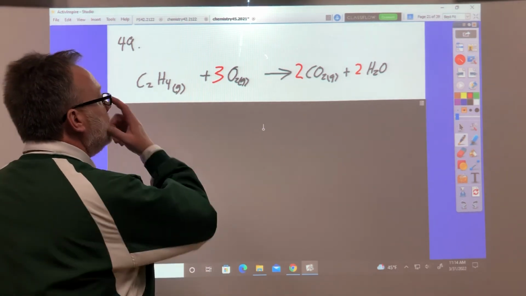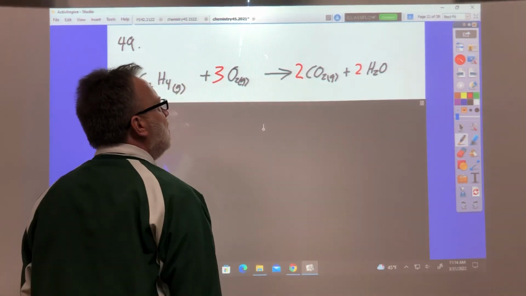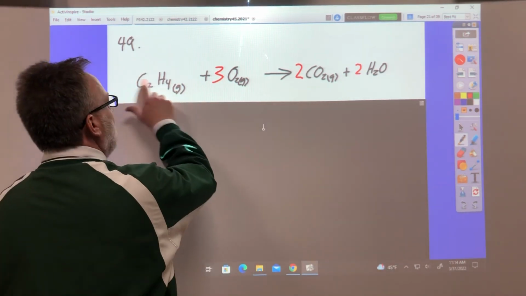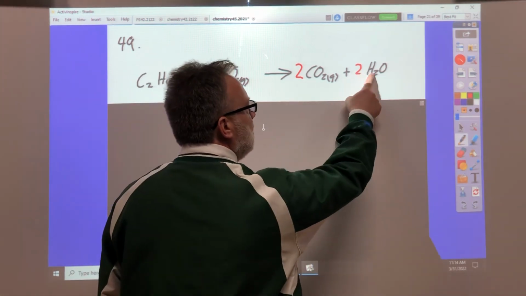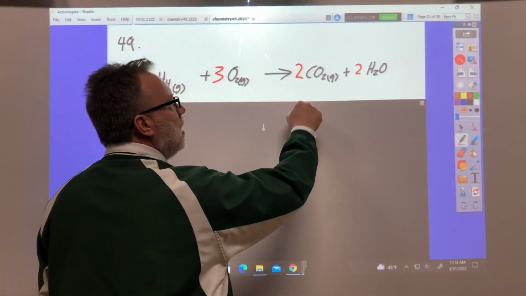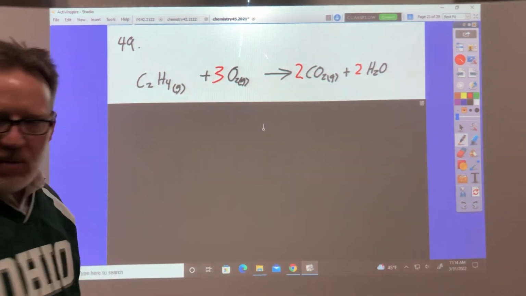Once you do that, you have 1 times 2 is 2 carbons, so that has to be a 2 in front. You have oxygen in too many places, so save it for later. 1 times 4 is 4 hydrogens, so this has to be 2 times 2 is 4. Now it's time for the oxygen. 2 times 2 is 4, and 2 is 6. That's going to be 3 O2 to make that work.